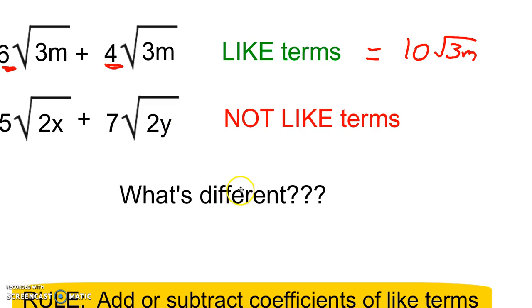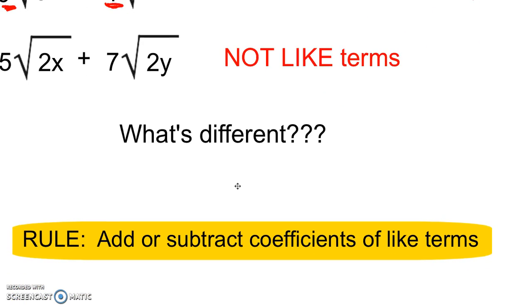So it's important to understand how like terms look when there are radicals involved. The radical part has to match exactly. The index and what's under the radical must be the same. So the rule is that you add or subtract coefficients of like terms.